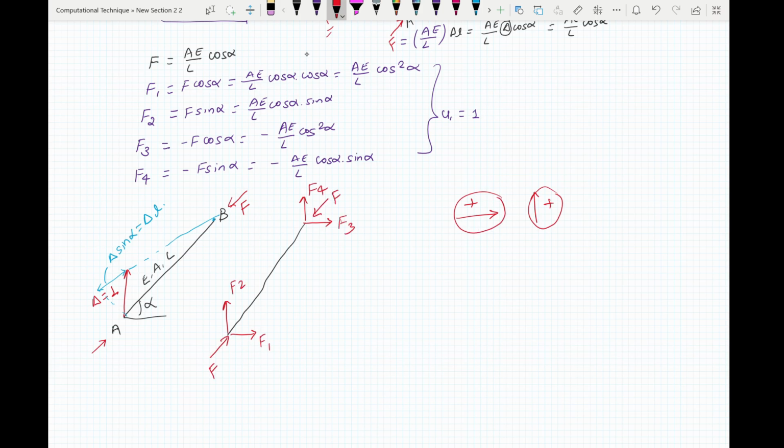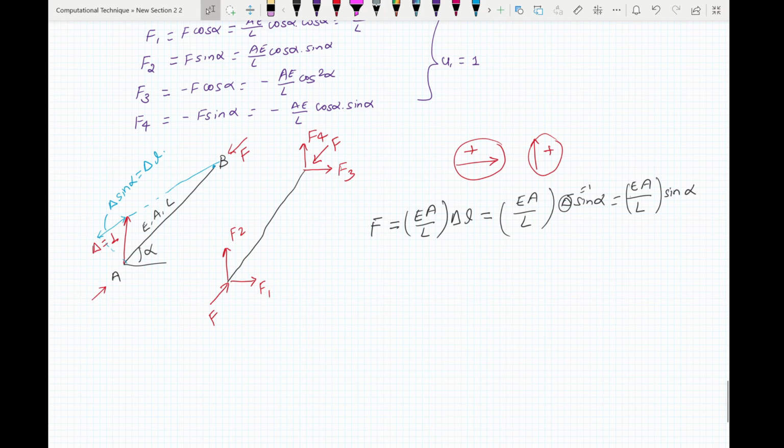Now you can see here that your F will be equal to EA by L times delta L, which will be equal to EA by L times delta sine alpha. Now delta equals 1, therefore it will be equal to EA by L sine alpha. Now you can obtain our forces in all of these degrees of freedom.